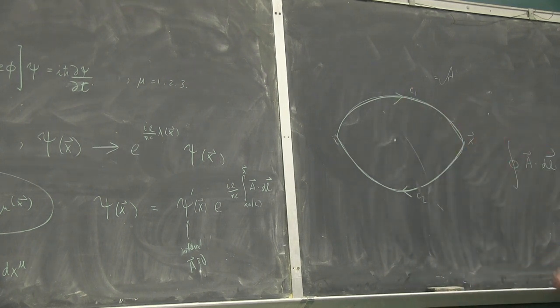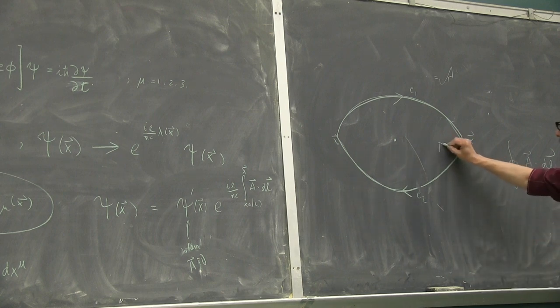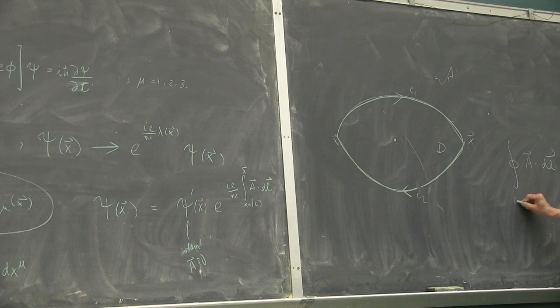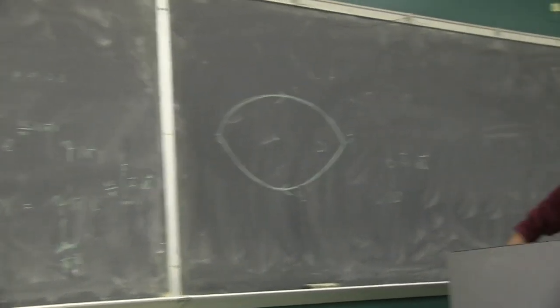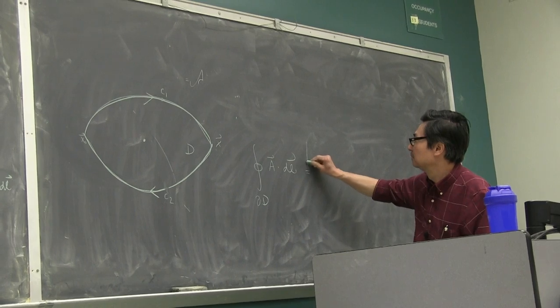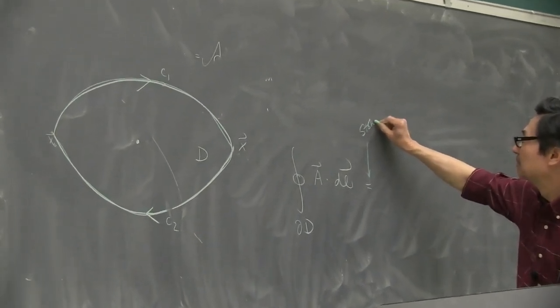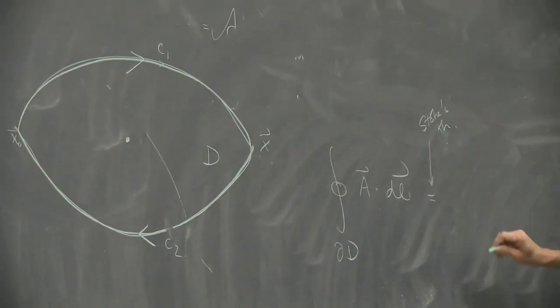Let's say that the region enclosed by the loop is D. So in fact, I'm doing the line integral over the boundary of D, and that's the notation we have been using, right? Let's use Stokes' theorem. What is this equal to?